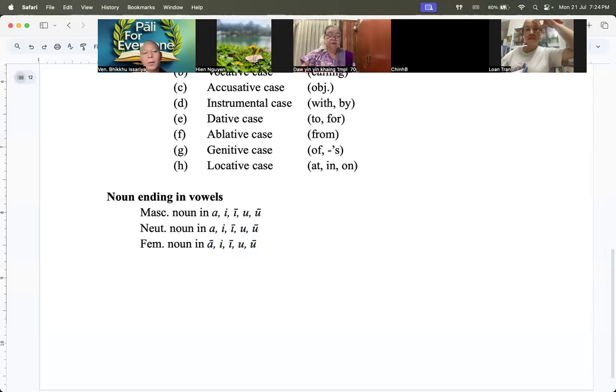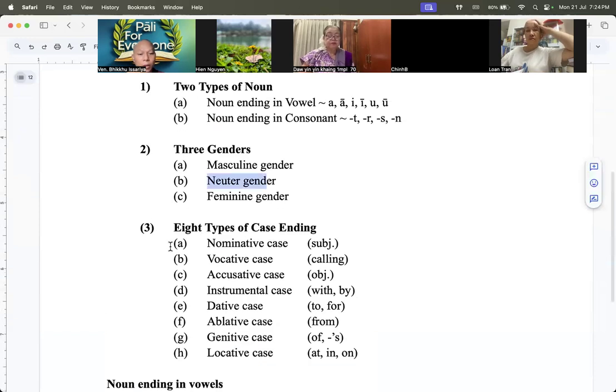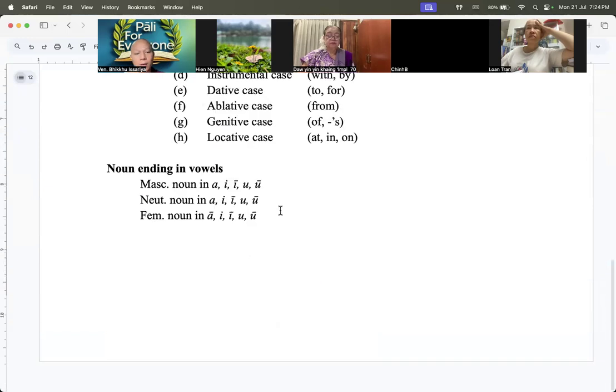Now we will learn that one. These are for the masculine, and that one is also with the masculine. And also we will learn two cases: the vocative case and the accusative case. We will see three cases.